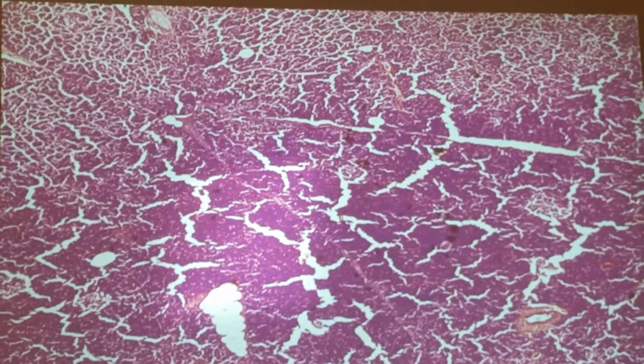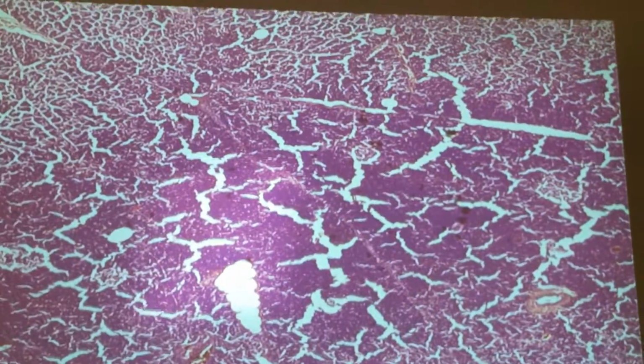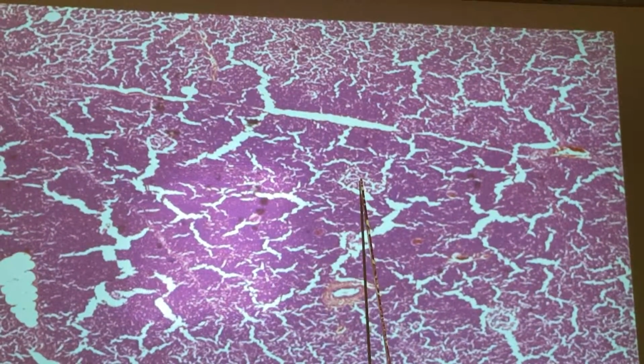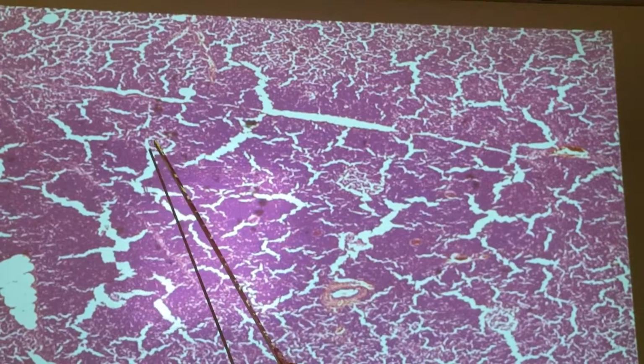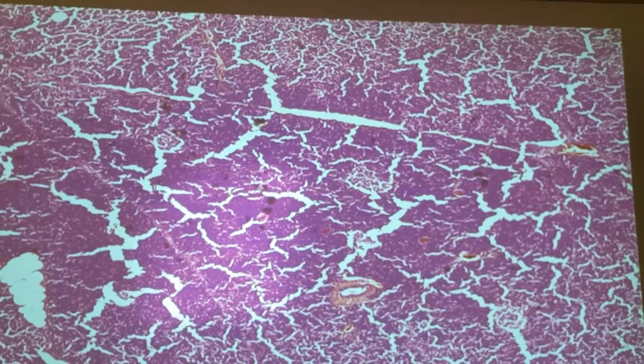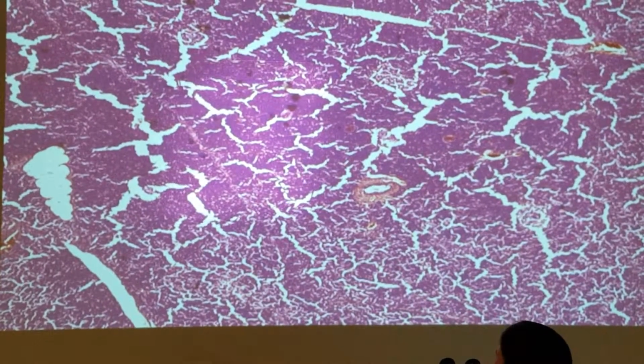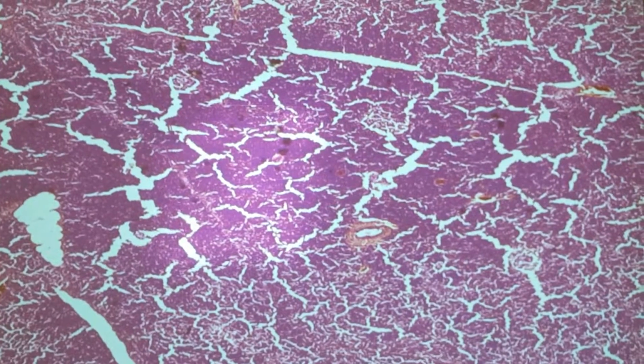Can you show an islet again, please? That one. Is that one right there at the bottom? This one? Yes. Let me see if I got another one.